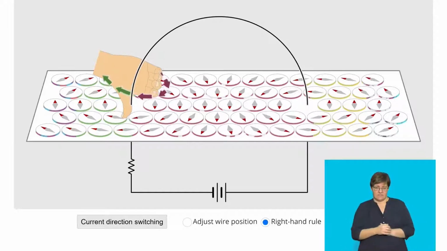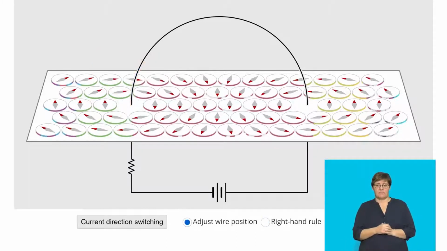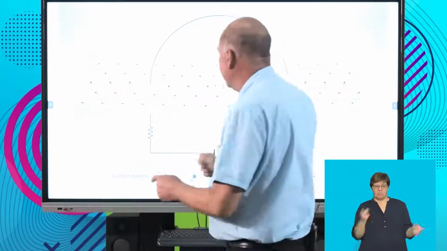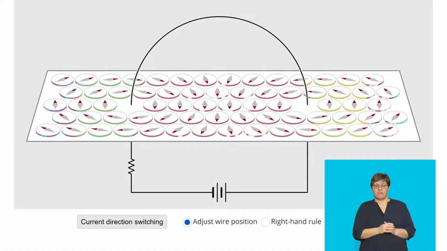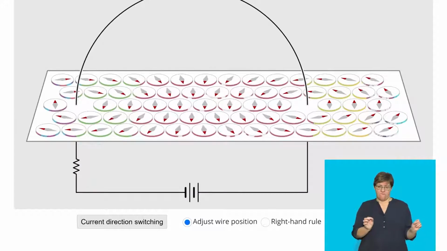Now, I'm going to take that off. I'm going to say, let's adjust the position of the wires. So what do you think will happen to the compass needles if we move the wires closer together or further apart? Well, let's try it. So if we move them further apart, you'll see the loop's got a whole lot bigger.